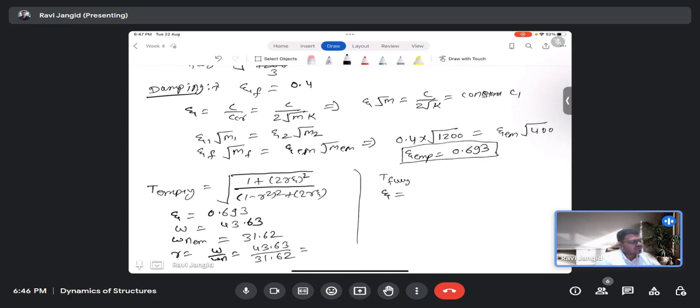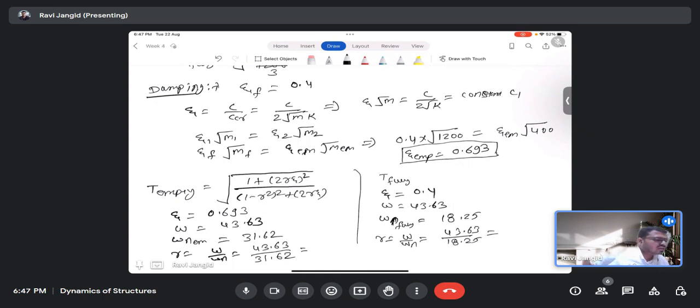Same for the fully loaded. Your damping ratio for fully loaded is 0.4, your omega is 43.63, and your omega n for the fully loaded is 18.25. So your r would be omega by omega n, which is 43.63 divided by 18.25.